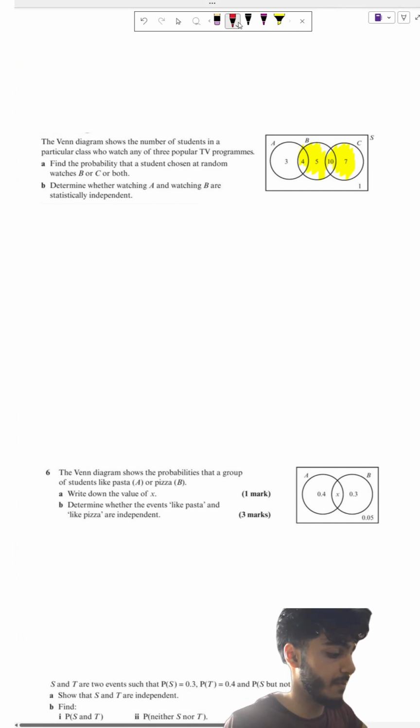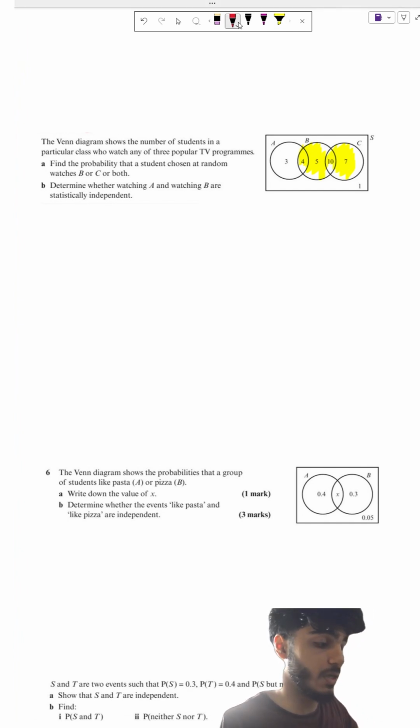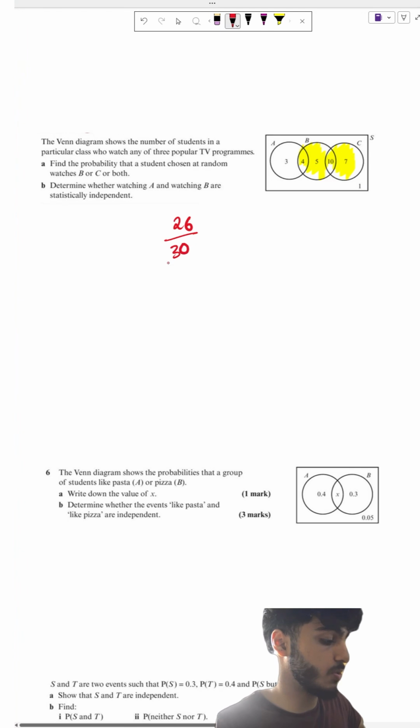We're going to add them together. I'm just using my calculator here, and I get 26. In total, how much do we have? We have 30 in total when I add all the numbers together. So that's all my students, and that's my probability. Done.